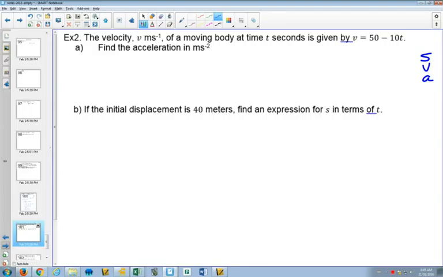The derivative of that function is just going to be negative 10, and there are our units. No problem. If the initial displacement is 40 meters, find an expression for s. So here s is working backwards.